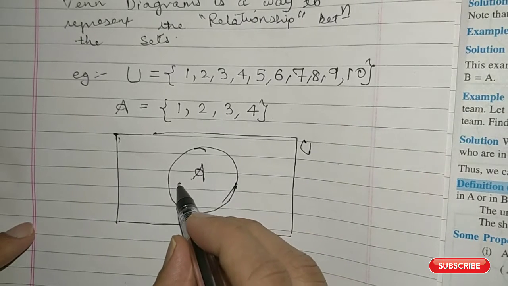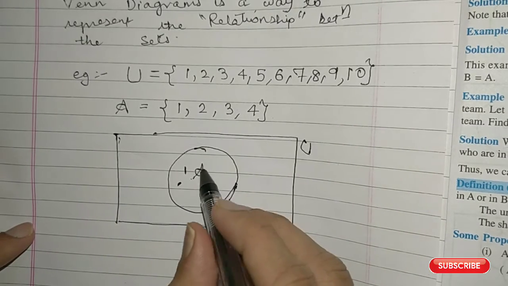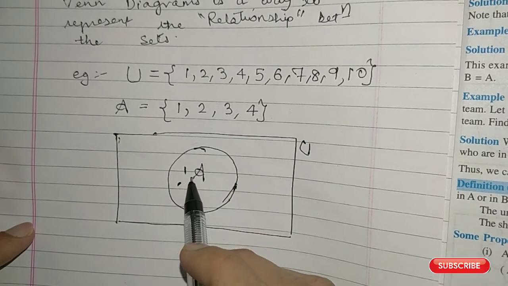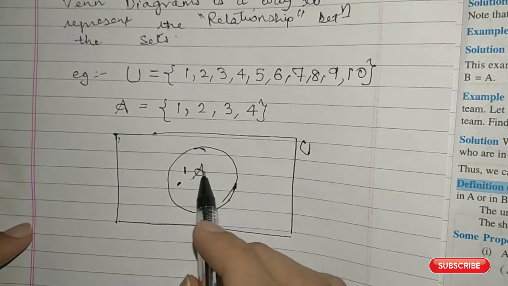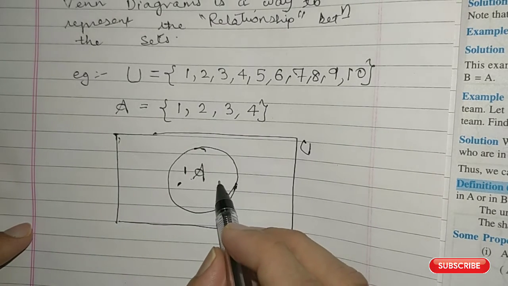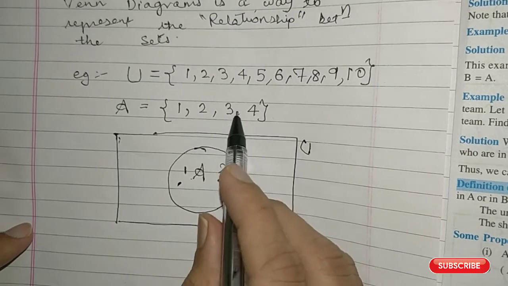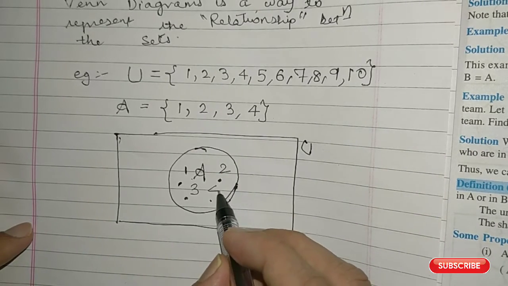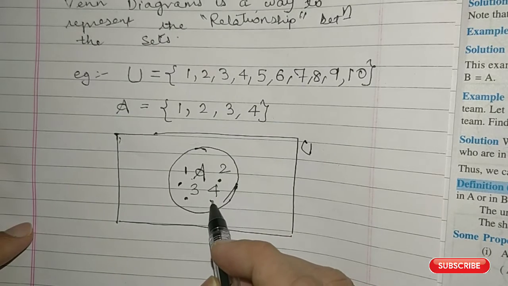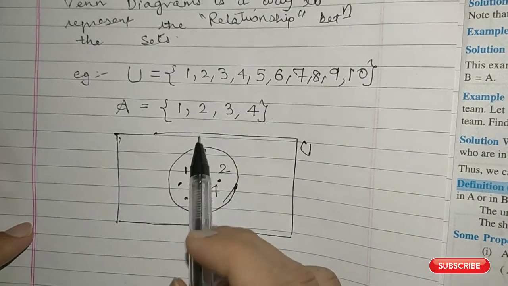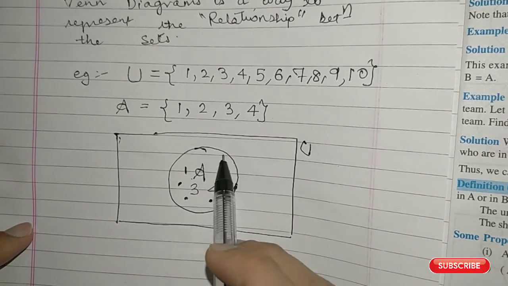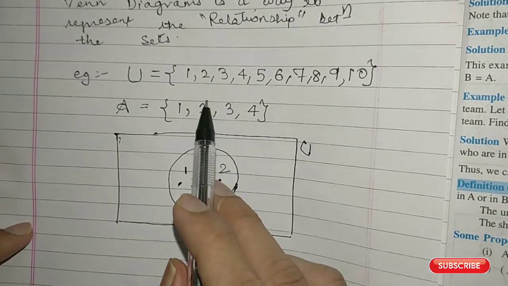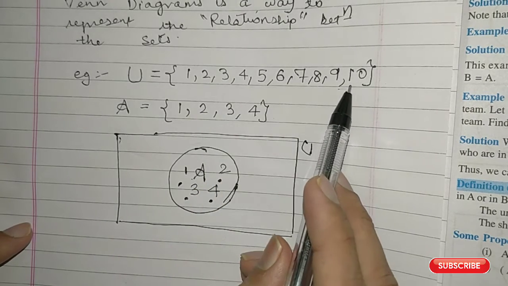Now you have to write all the elements of the subset inside the circle A. So you will have 1 2, 3 and 4. Now 1 2 3 4 are inside A. So what about the rest of the elements in the universal set?